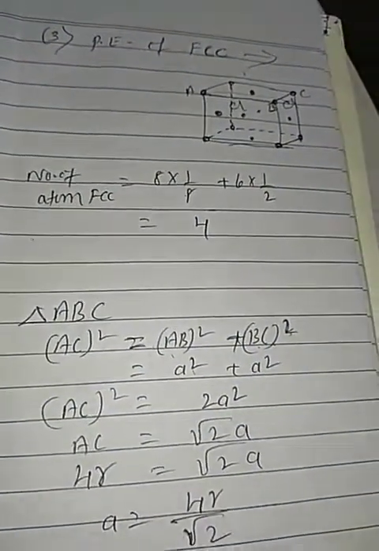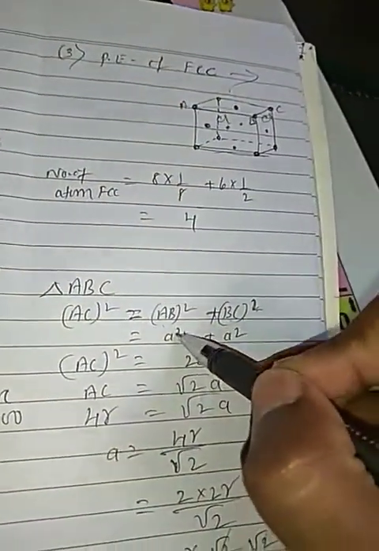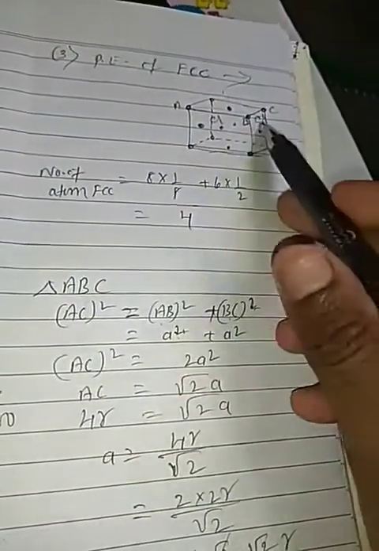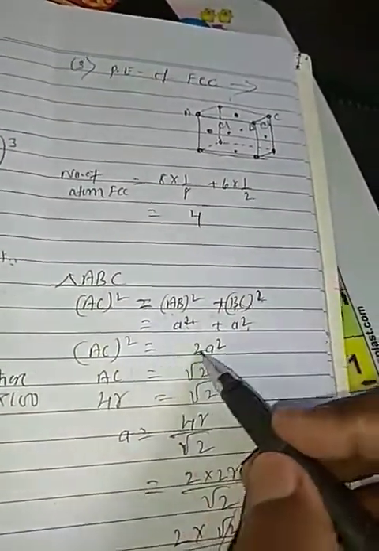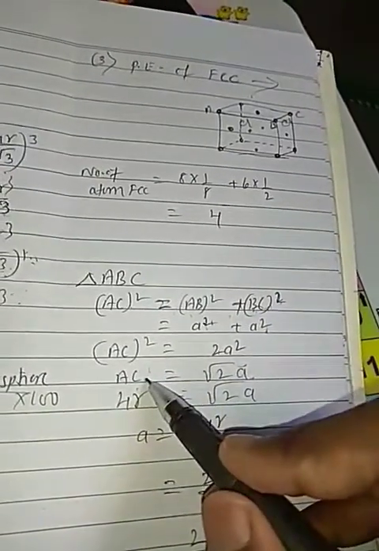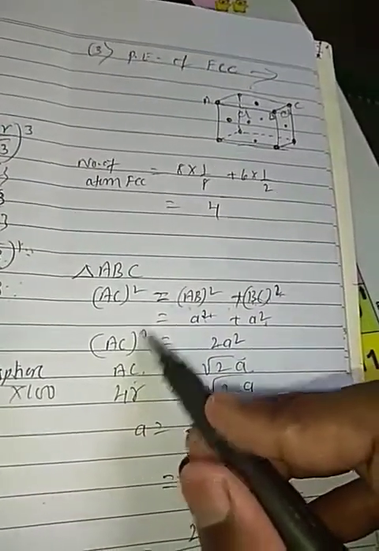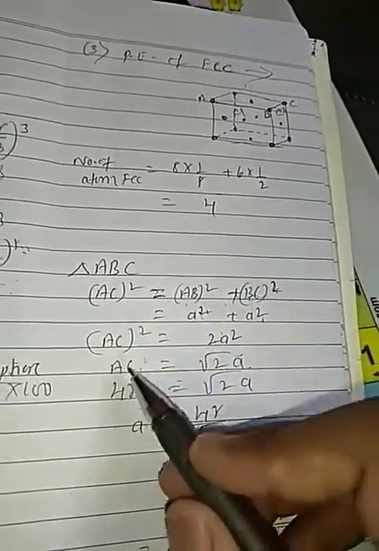Face diagonal. So AB means we are using A square, BC means we are using A square. So AC square is equal to 2A square. AC is equal to root 2 A. Right, students? This is root 2. So AC is 4R.